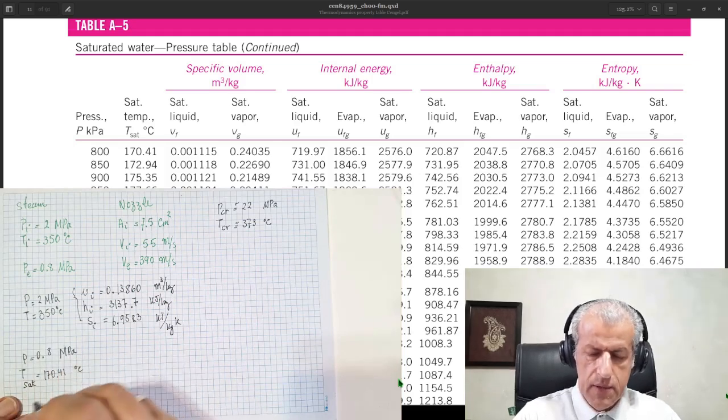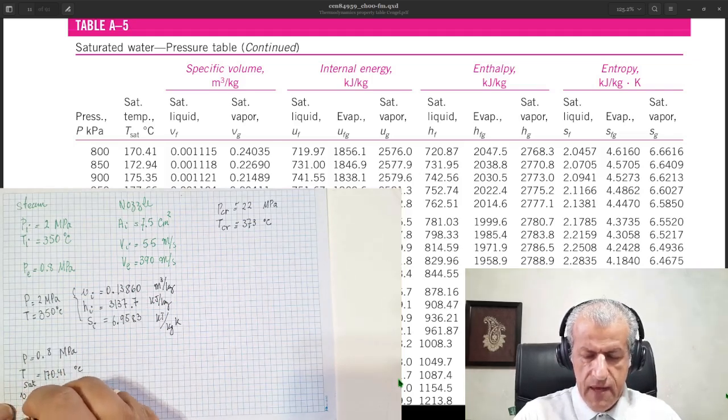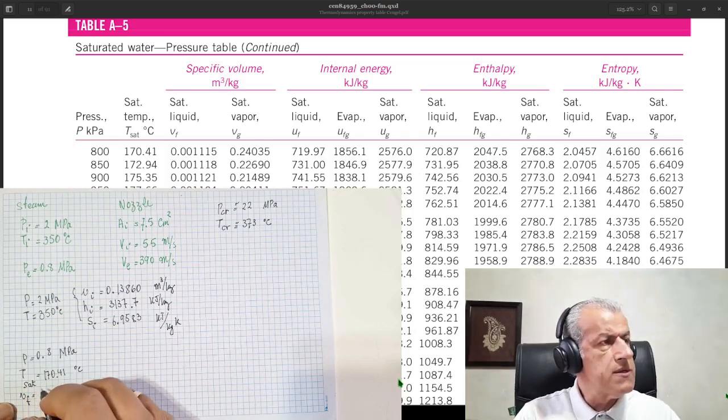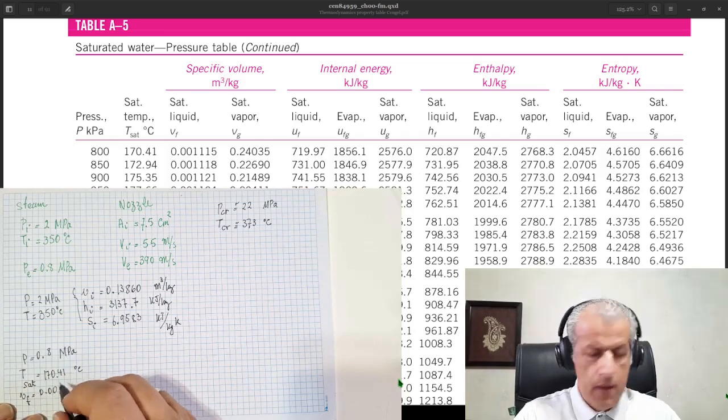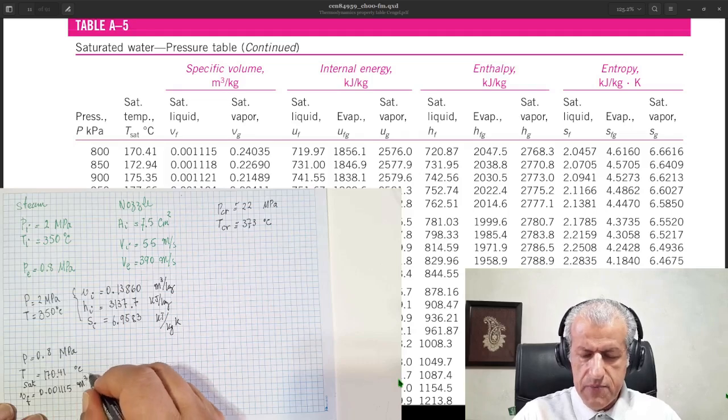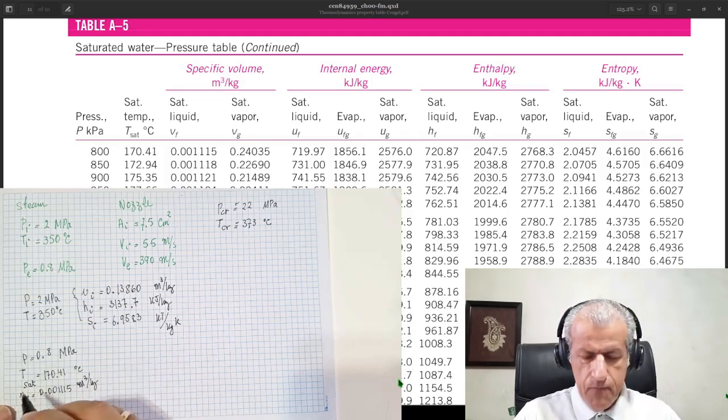170.41 degrees C. Vf equals 0.00115 cubic meters per kilogram.